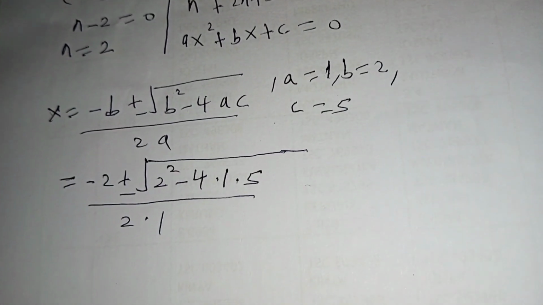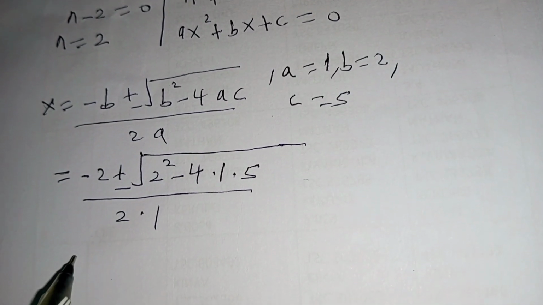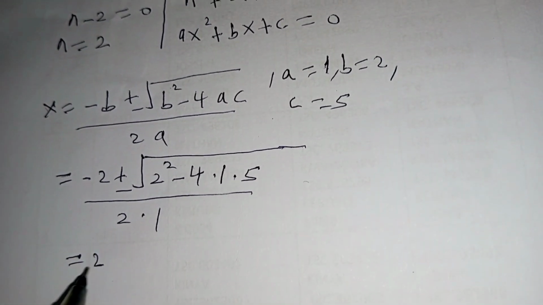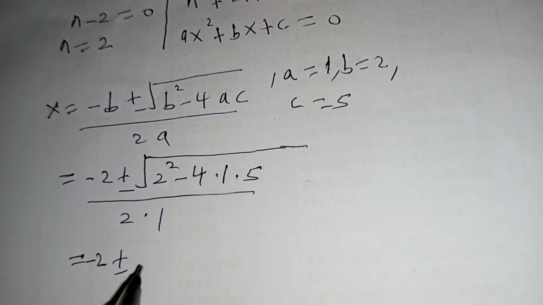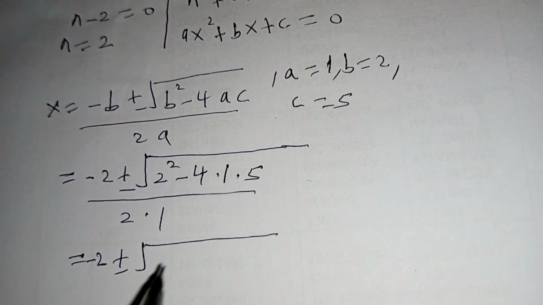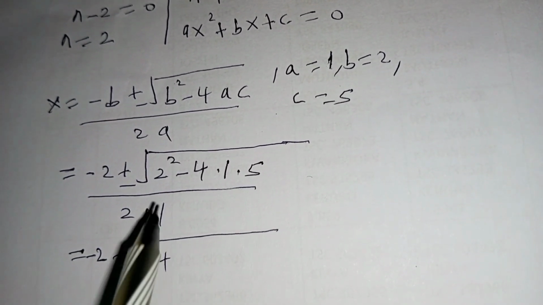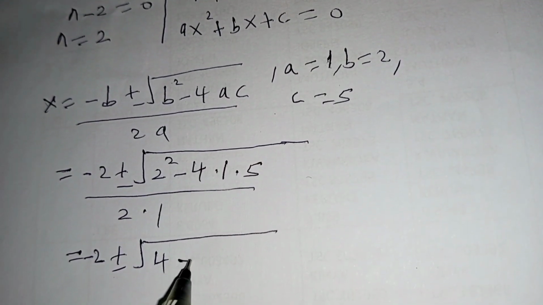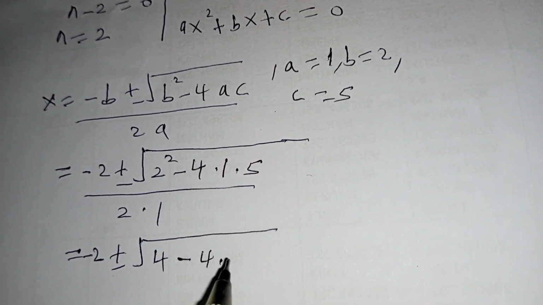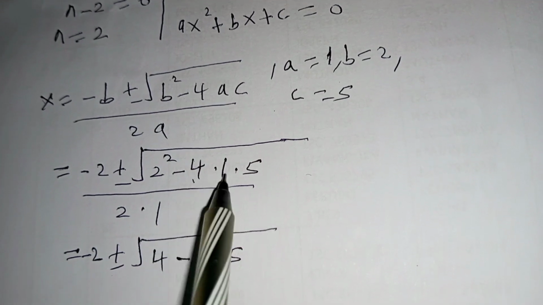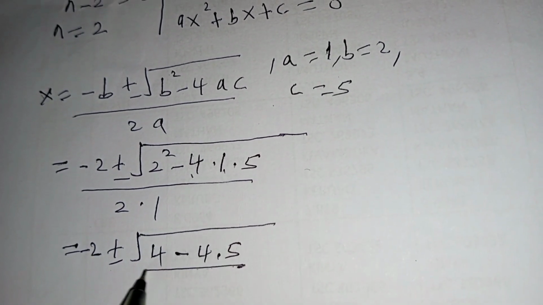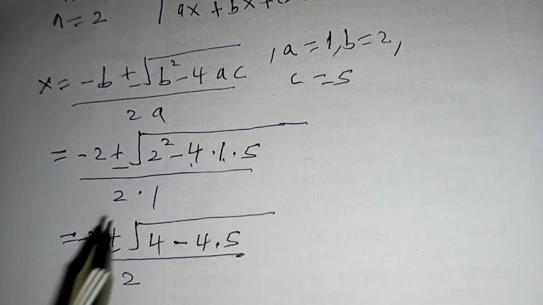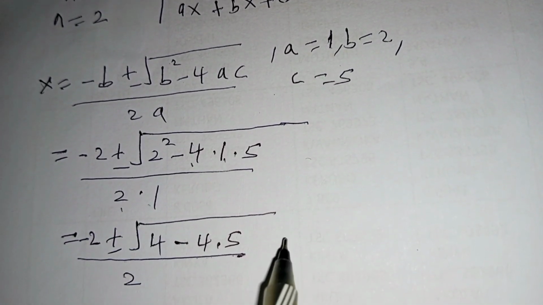The value of a is equal to 1. This will be equal to negative 2 plus or minus the square root of 2 squared, which is 4, minus 4 multiplied by 5, divided by 2.